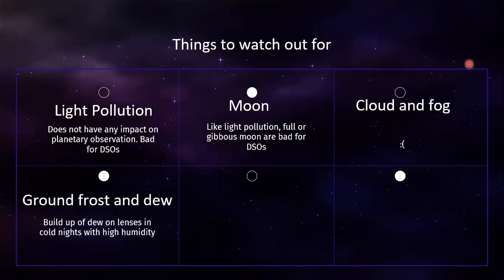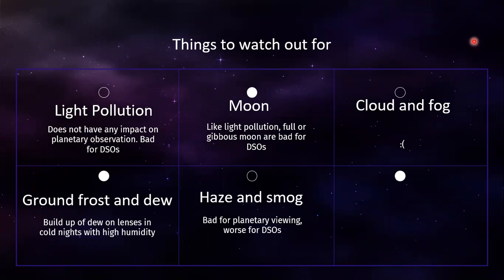This can be very irritating and time-consuming, wiping the dew from your lens every now and then. To counteract this, there are some specialized accessories which will keep your lens heated up. Then haze and smog, which is also very bad for DSOs and planetary viewing.